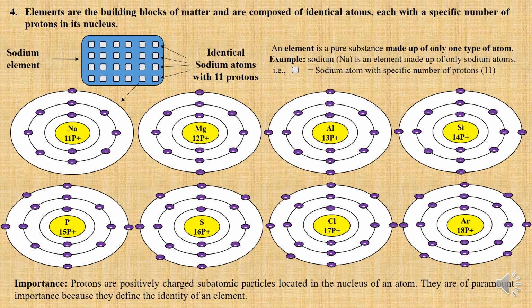And if I say an element contains 11 protons in its nucleus, it will be sodium. So each element has a specific number of protons in its nucleus, and that definitely leads to the identity of an element. So protons play a crucial role in the identity of an element.